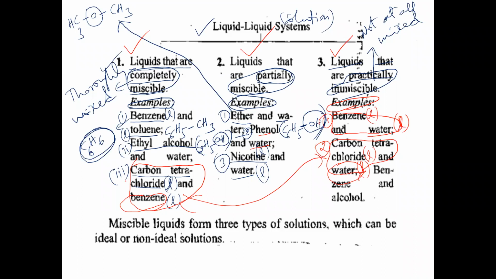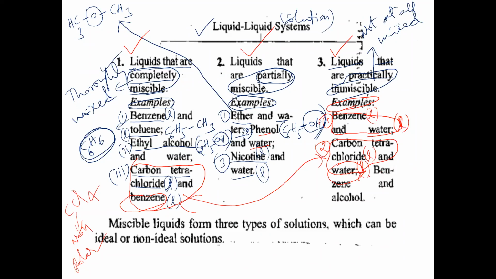Here carbon tetrachloride, CCl4, is a non-polar substance. As CCl4 is non-polar, it is miscible only with benzene, a non-polar liquid. But water is a polar solvent, na? That's why carbon tetrachloride is not soluble in water, immiscible in water. That point keep in mind.